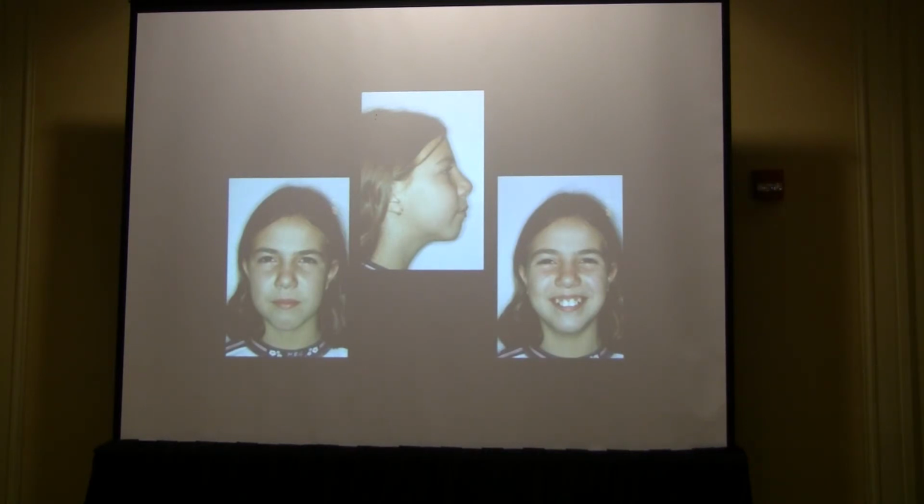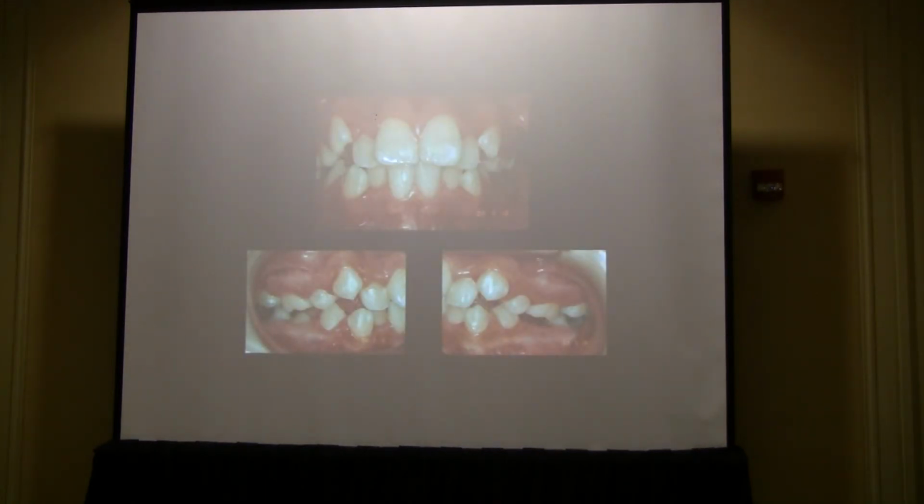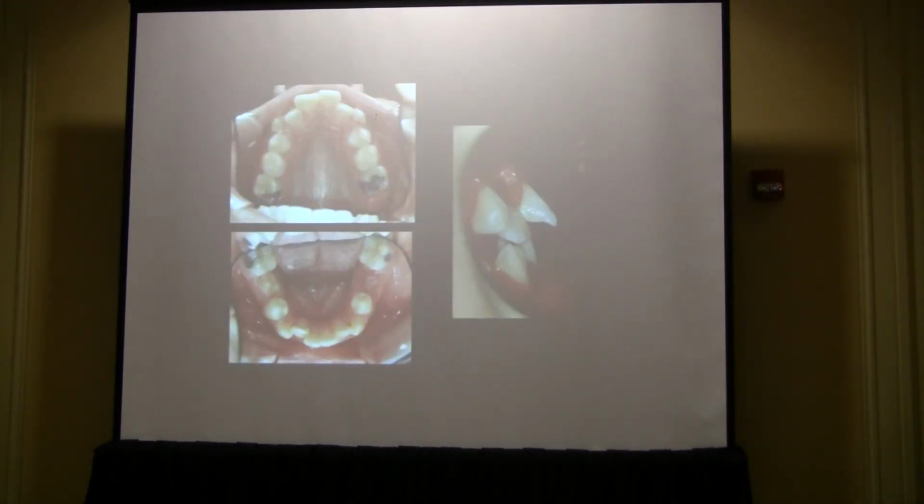But working, on the other hand, on a therapeutic system of possibilities, as I like to say, we have a lot of possibilities to change the growth direction because the patient is growing. So, let me show you this case with this inability to close her lips and the unfavorable biotype, and class 1 with crowded arches.